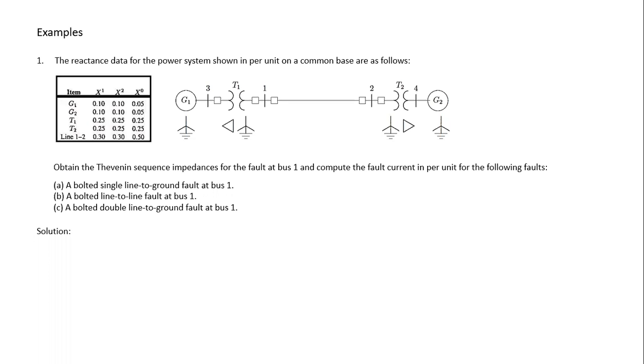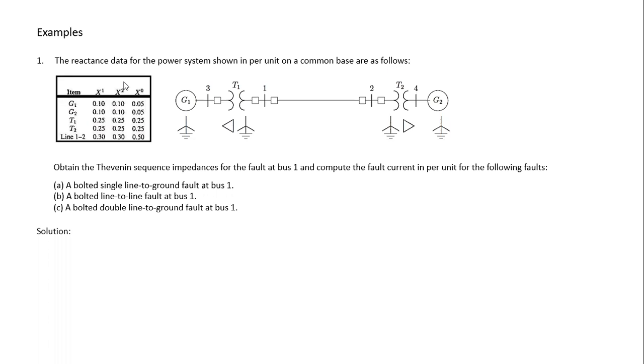So let us solve some examples to illustrate the expressions we derived for the unsymmetrical fault. Example number 1: the reactance data for the power system shown, in per unit on a common base, are as follows.